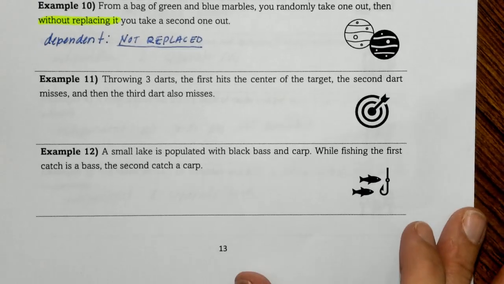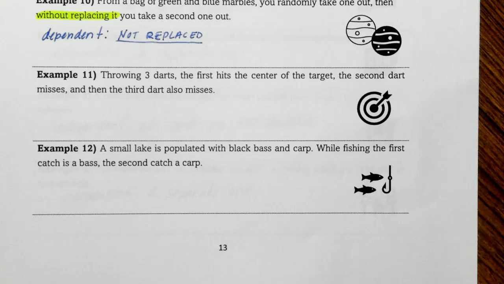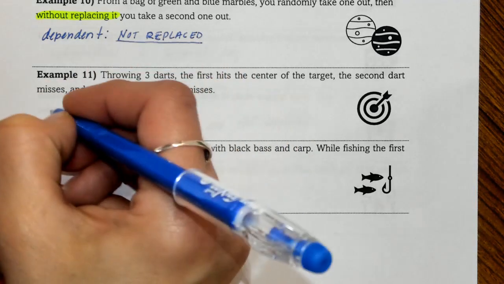Number 11, throwing 3 darts. The first hits the center of the target, the second dart misses, and the third dart also misses. Again, these are 3 completely separate darts. Even if it was the same dart, we have 3 completely separate throws. So they are not going to impact or affect each other. So here we will have independent.